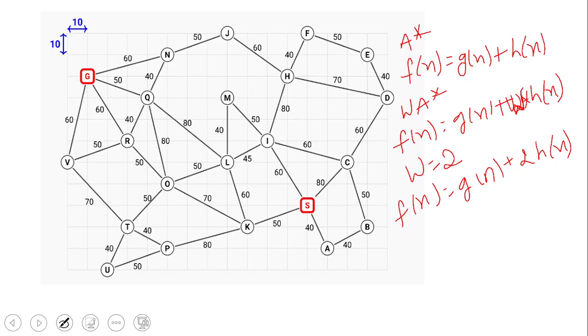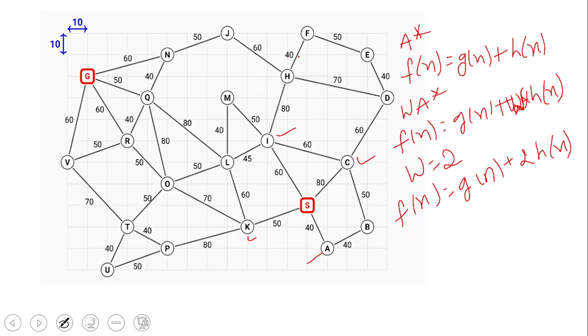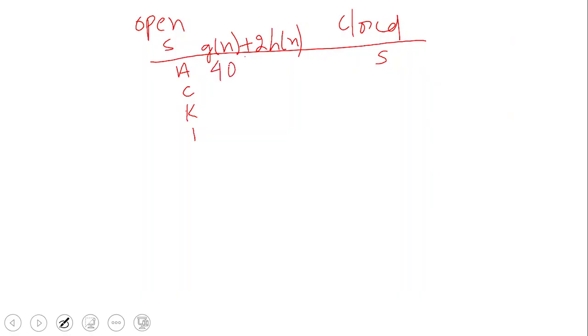Right now S is connected to I, C, K and A. First we write g of n plus 2 into h of n. g of n means from the starting node to the node: S to A, S to C, S to K and S to I. So S to A is 40 plus 2 into h of n, the heuristic value, that is 200. So we will get this as 440.